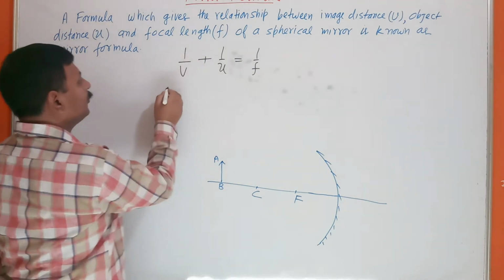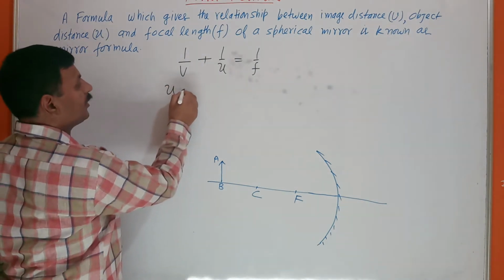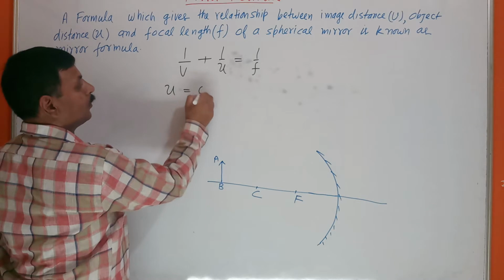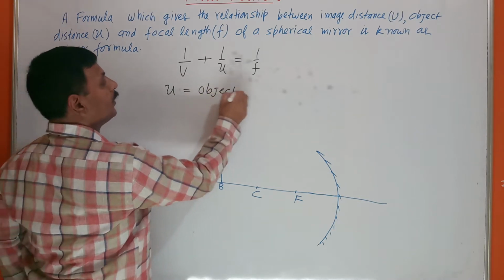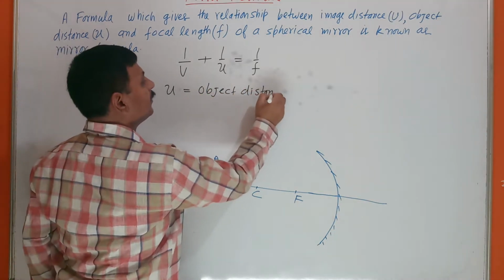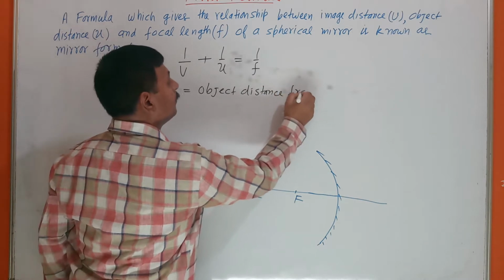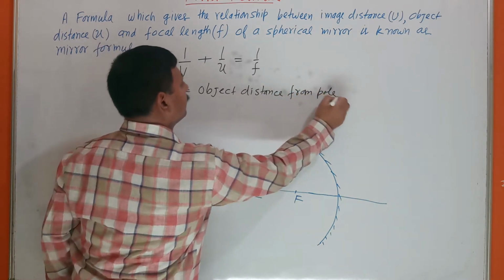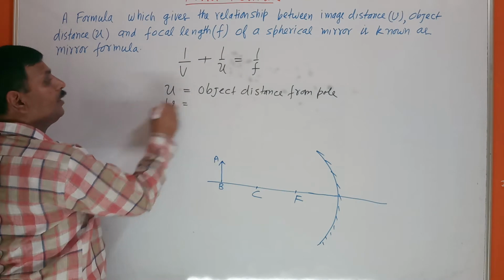Here, what is U? U is the object distance from the pole of the mirror. What is V?